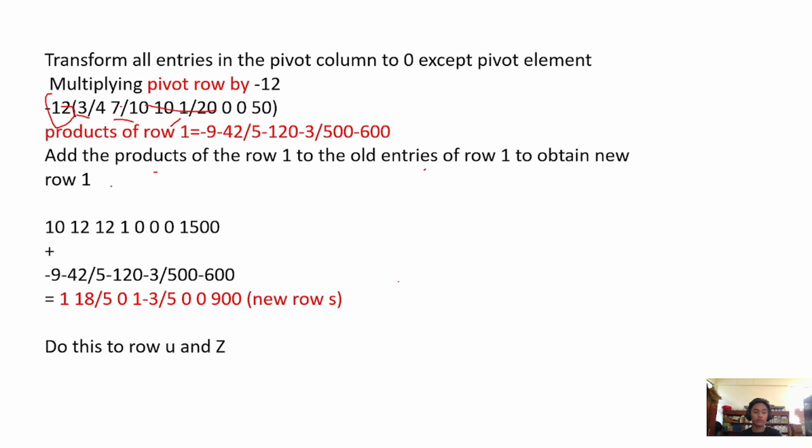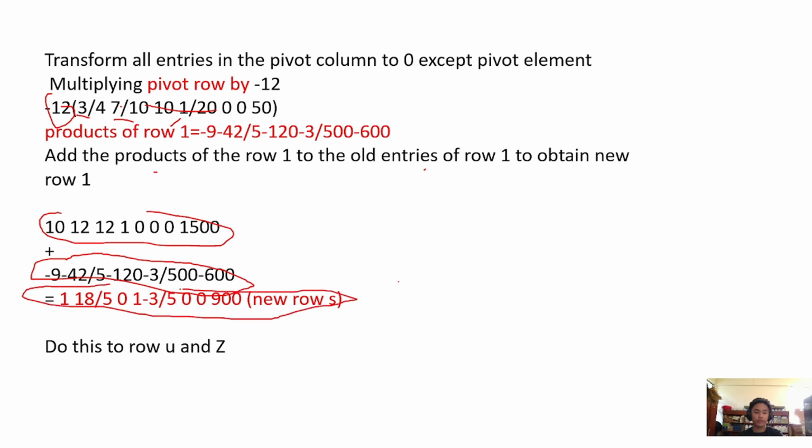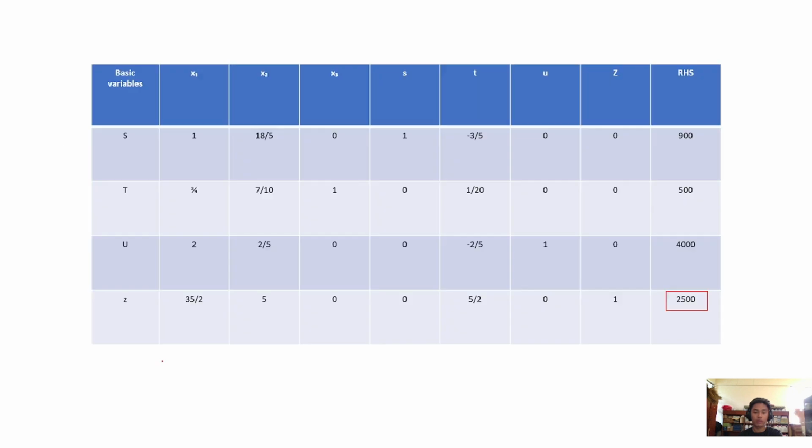Oh, ito yung old row 1 natin and ito yung product kanina. Tapos i-add natin and yung sum, ito yung magiging row S or row 1. Siya na naging yung new row 1.